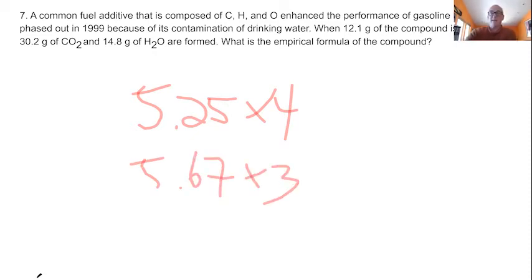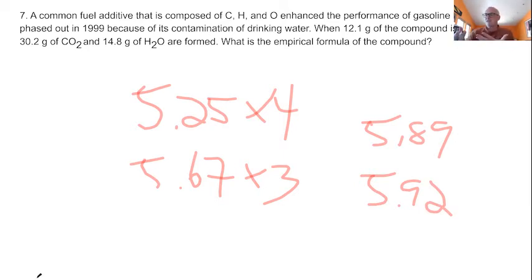But if you get something like 5.89 or 5.92 or something like that, then the errors in these calculations are going to be enough that this is close enough to 6. It's when you have something like 5.5, that's going to be multiplied by 2. Or you have 0.25, that's going to be multiplied by 4, or 0.33 or something like that.